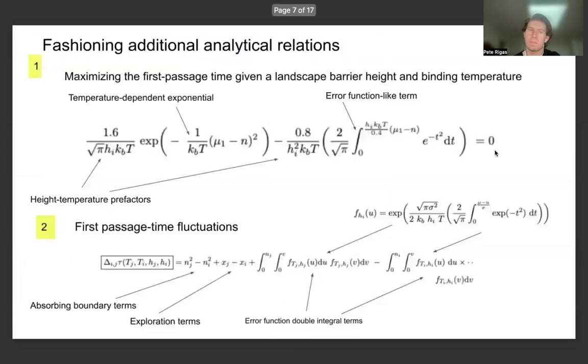And we can fashion additional analytical relations in which we can look at higher dimensional surfaces, and from these surfaces, we can parameterize them in the height h sub i of the landscape potential, which is related to the thermodynamic cost and the thermodynamic penalty that the enzyme has to undergo when it's examining this part of the sequence, as well as the fact that there can be a temperature parameter because we're looking at statistical mechanics and synthetic biology.